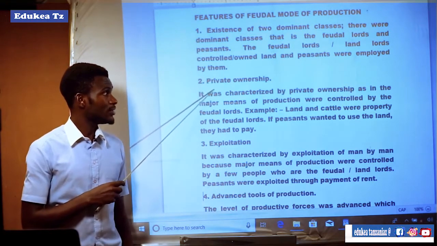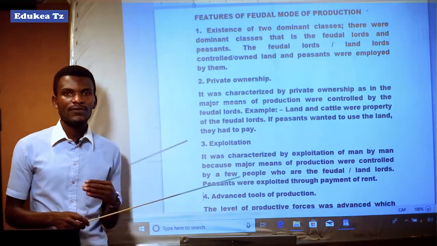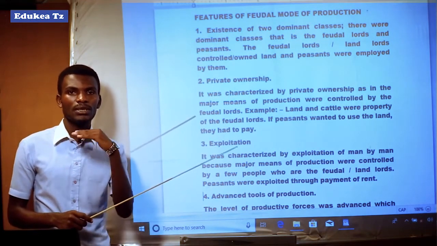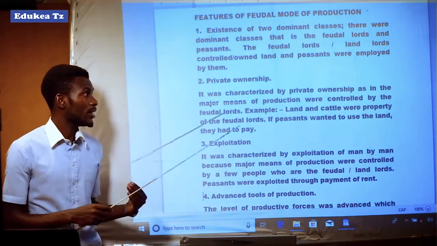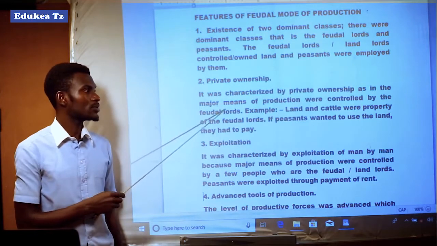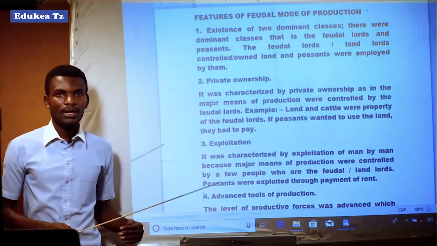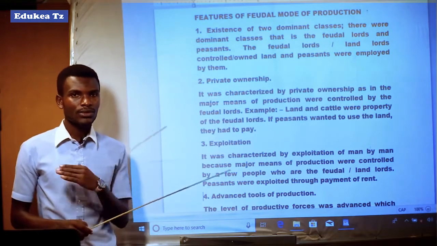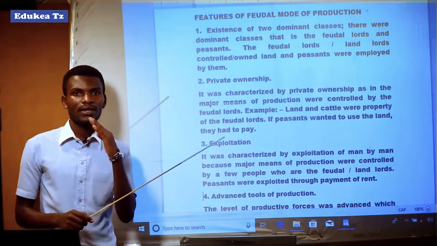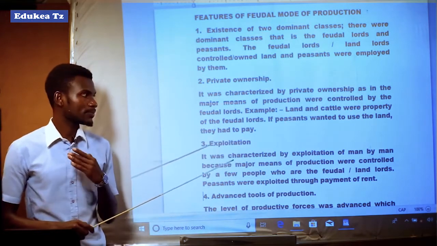Another characteristic was private ownership. It means that feudalism was characterized by private ownership of major means of production, as the major means of production were controlled by the feudal lords. The major means of production was considered to be land, so the land was controlled by a few people who were known as feudal lords or landlords.